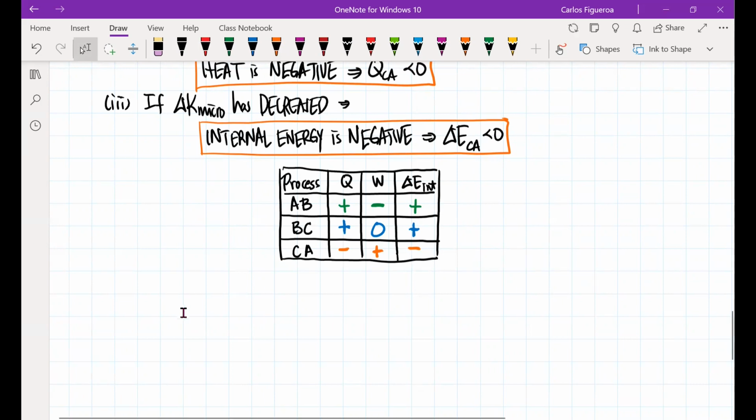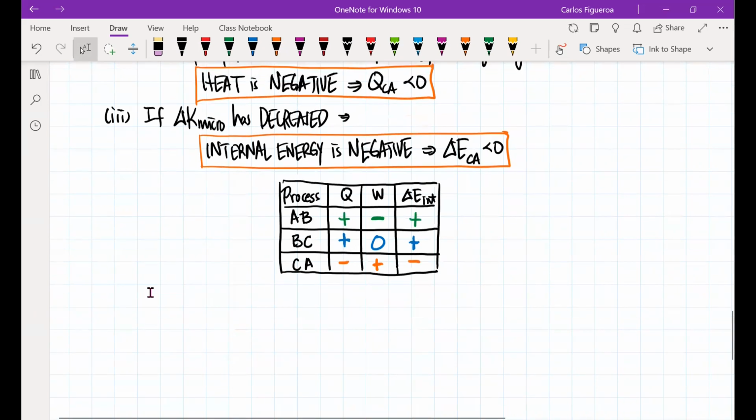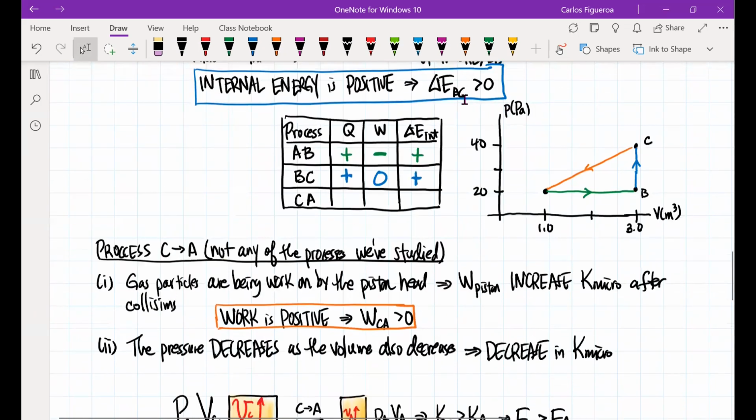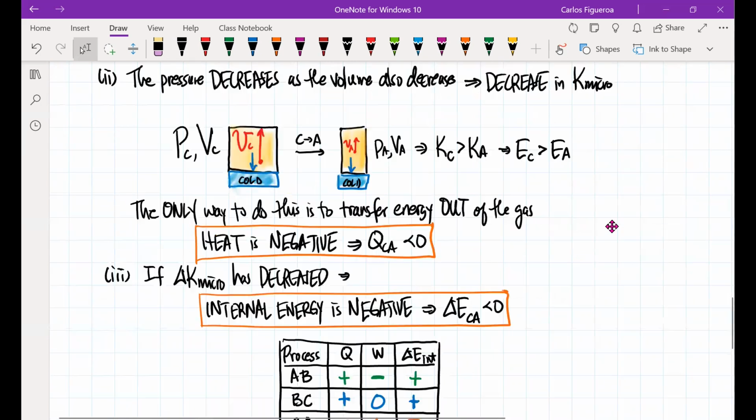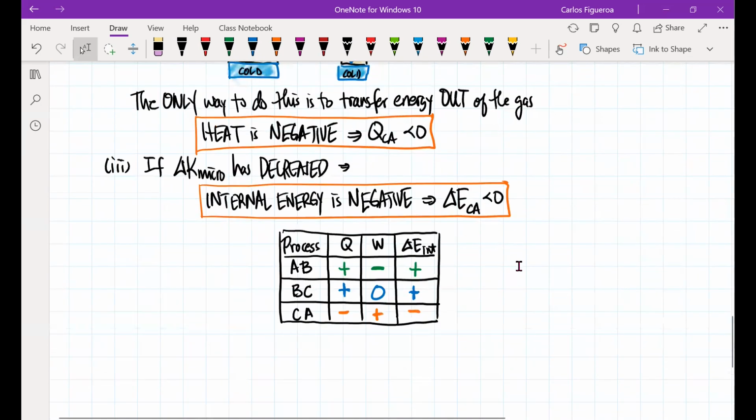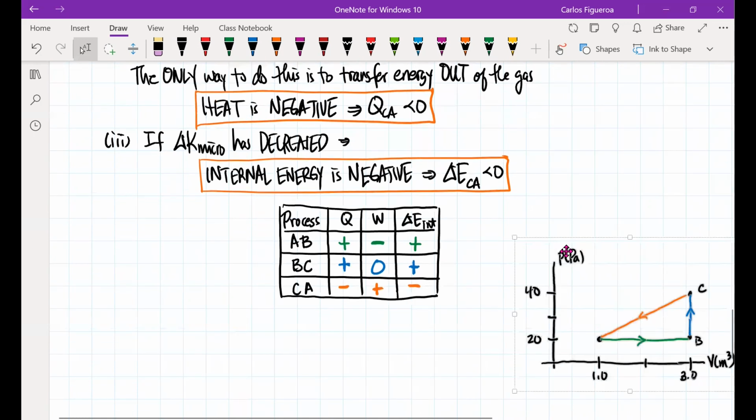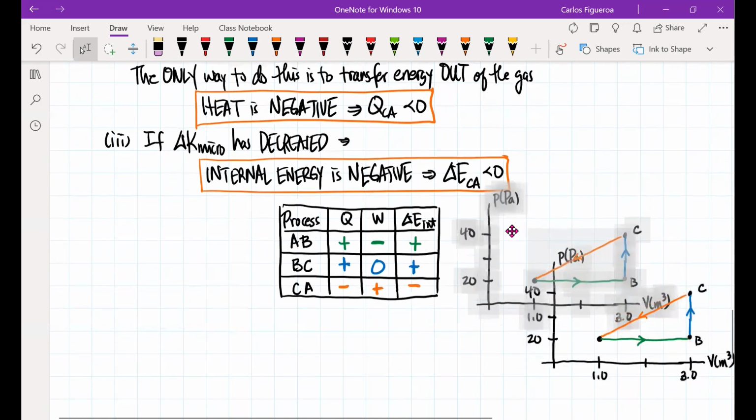Okay, so what I'm going to do now is continue to use that graph that we have over here because I'm going to need it now. So I'm going to stick this graph right over here so that we have access to it.